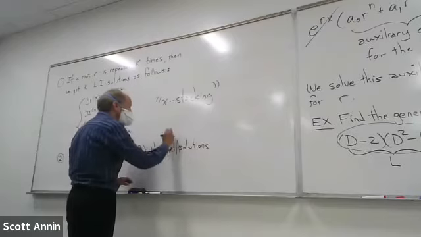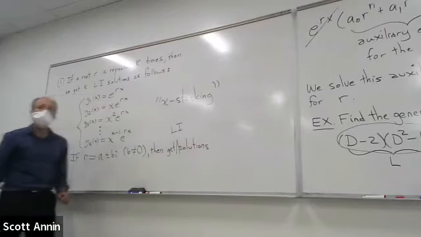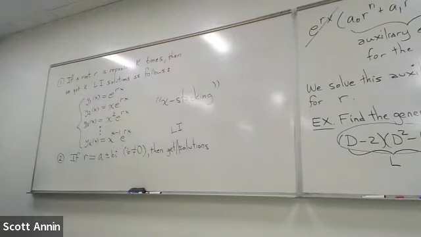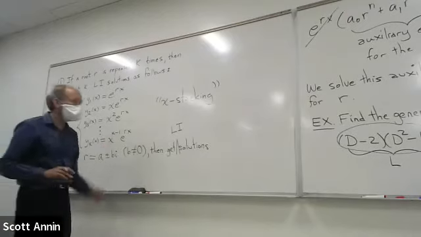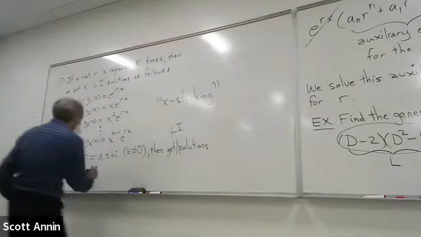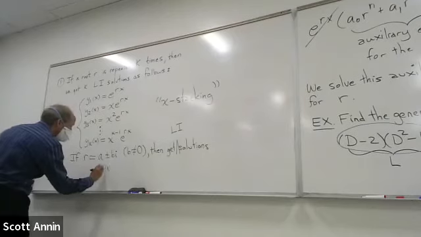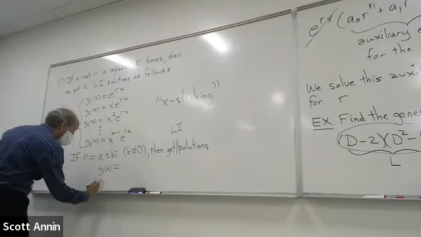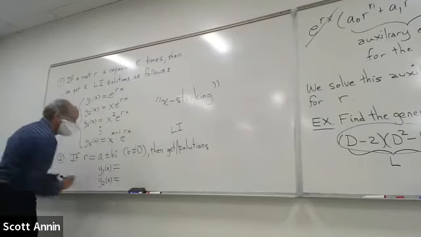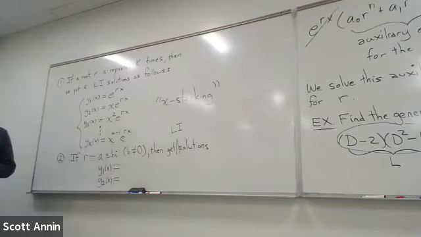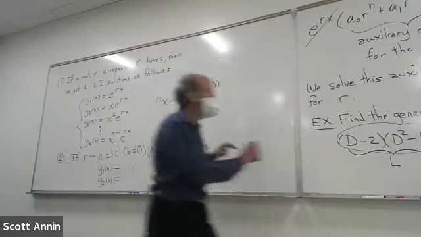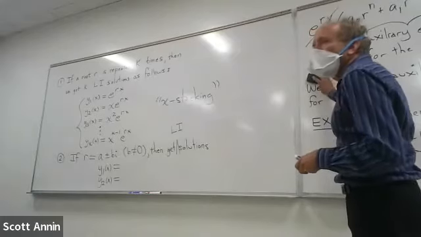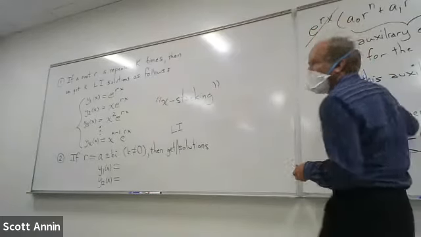Well, I should emphasize again, these are going to be LI solutions, but I'm not going to do the Wronskian on these. I'm just going to write this down again. So we're going to get two solutions here, and I'm going to write them down here in a moment. I'm wondering if anybody has a thought as to what we're going to do there.